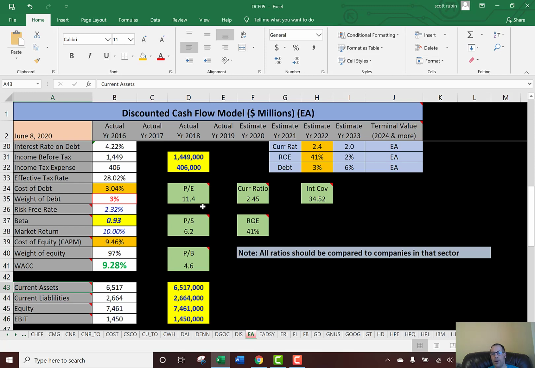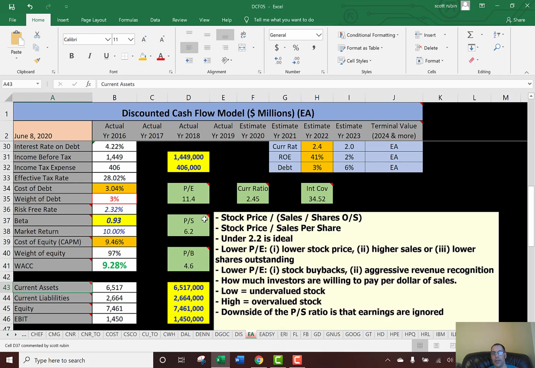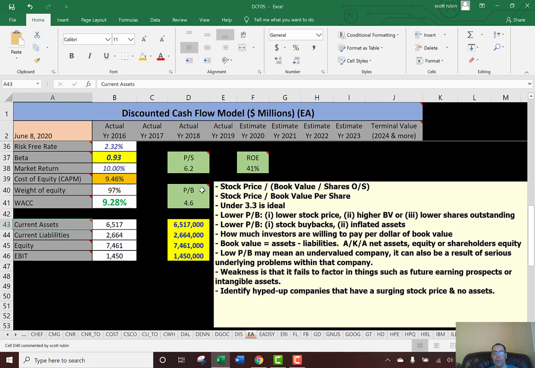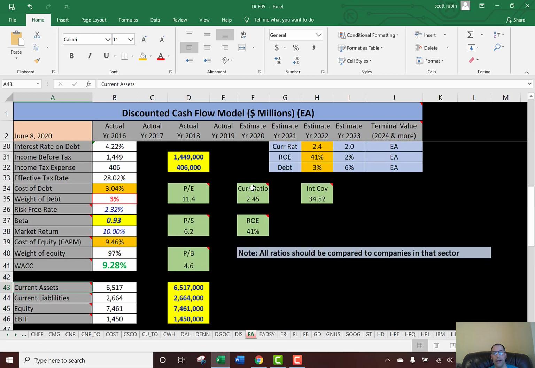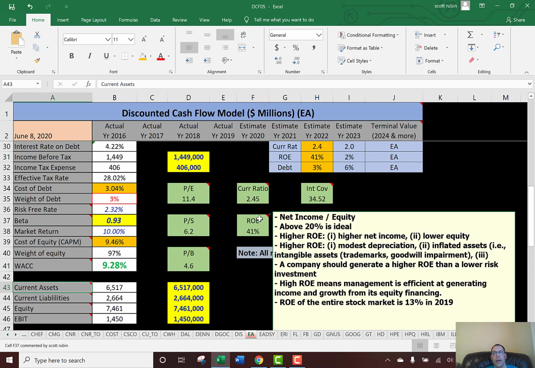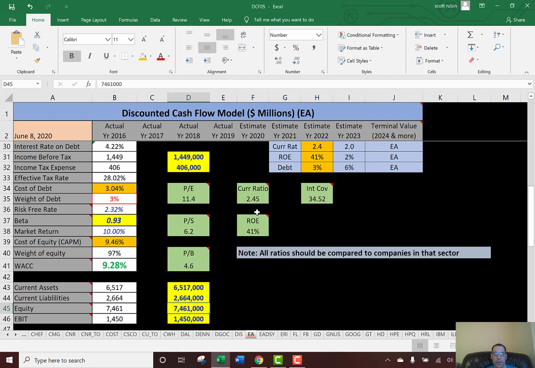So since they have a good PE, I can handle not such a great price to sales ratio. Price to book, I like to see 3.3 or below. Current ratio, I like to see between 1.2 and 2. And they have a great return on equity. So that means the company is doing a lot with the equity financing that they received. They're providing great value to its investors.